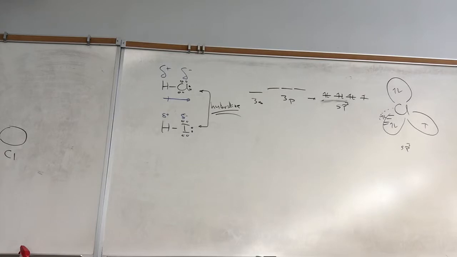We got the n equals 1 shell, n equals 2 shell, n equals 3. Chlorine's a lot smaller because we have fewer shells of orbitals. And so HI is going to look like this: 3 lone pairs and a bond.